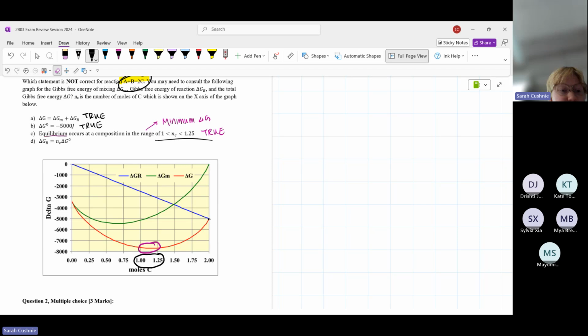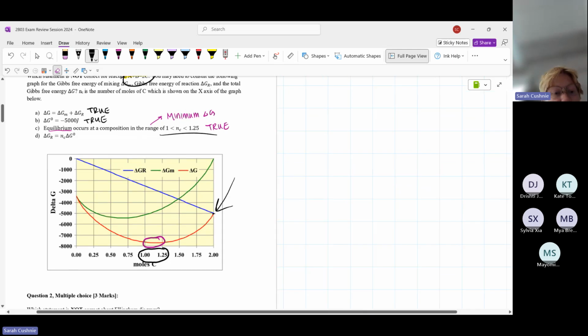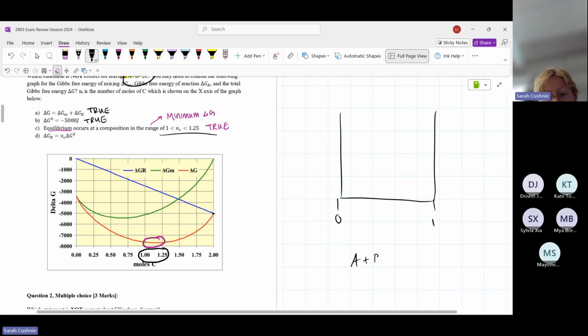the reason that this isn't true, so this is saying that delta G of the reaction is equal to the number of moles of C times delta G naught, so the overall delta G of the complete reaction. And in some cases, this is true because if you're just making 1 mole of something like A plus B is equal to C, you'll end up with something like this.